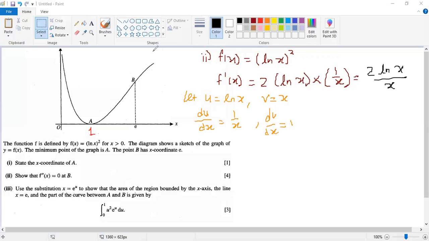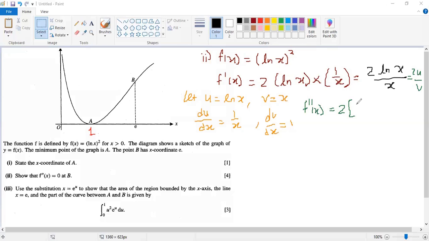So I'm going to do f double prime, the second differential, as this function is something like 2u over v, in terms of the functions u and v. We use the quotient rule because there's a divide there. That's the reason why. So the constant 2 just stays as it is.